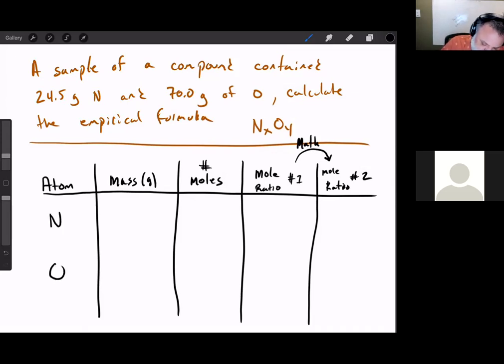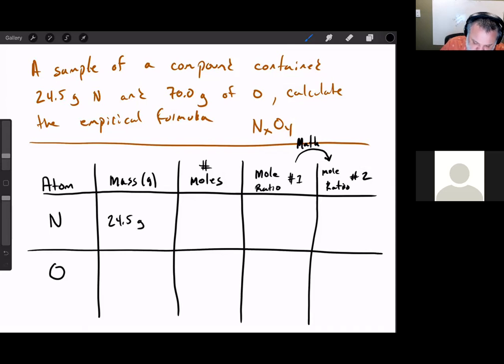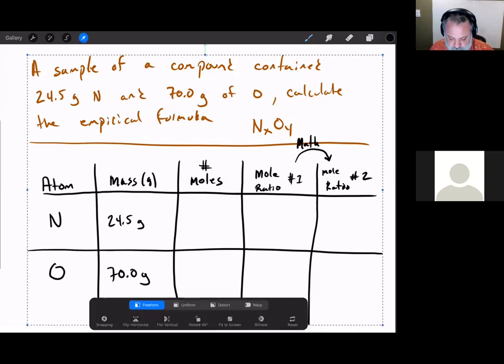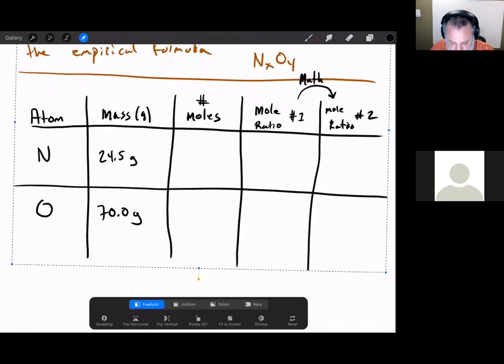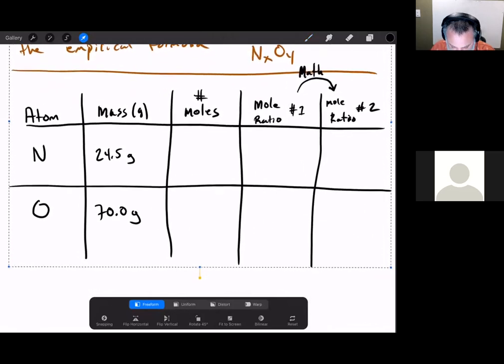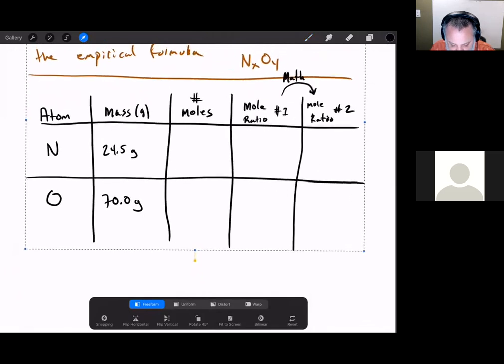I've got nitrogen and oxygen. Those are the two things that I have. And the masses are given. It's 24.5 grams of nitrogen and 70.0 grams of oxygen. Okay, well, how do I figure out how many moles there are?